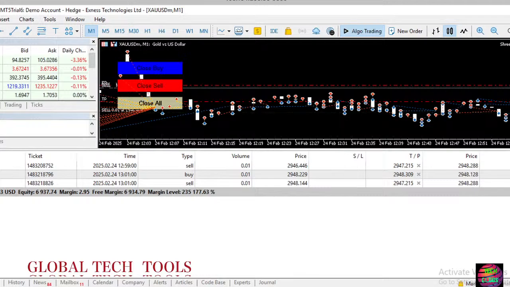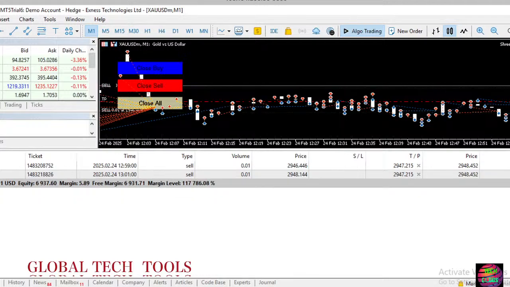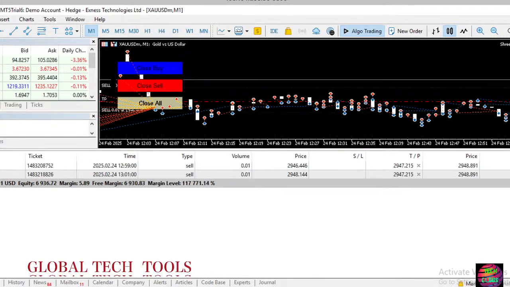Now I want you to remember it is impossible to have a bullish market without a higher high and higher low. And it is impossible to have a bearish market without lower lows and lower highs.